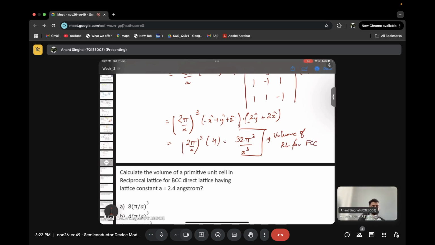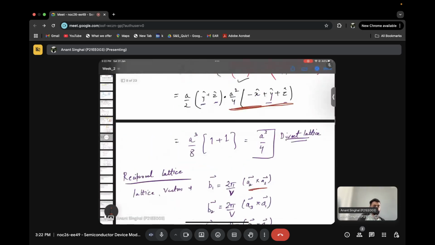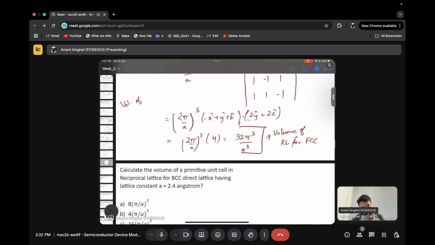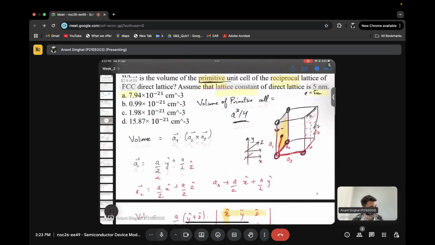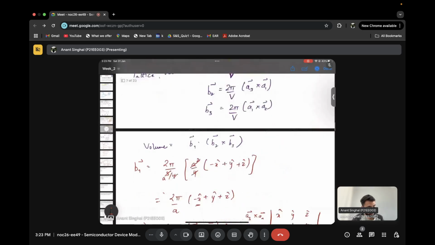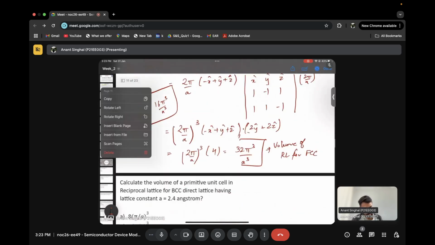Similarly, we can do the same calculation for BCC and all of those things. So let me write the shortcut. The volume of the reciprocal lattice for BCC is 16 pi cube by a cube. And for FCC, this is 32 pi cube by a cube. Now in the question, we already have the value of a, which is 5 nanometer, and the answer is in centimeters. So 5 nanometer is nothing but 5 times 10 raised to minus 7 centimeter. So we'll just need to put that here. Let's do that too.